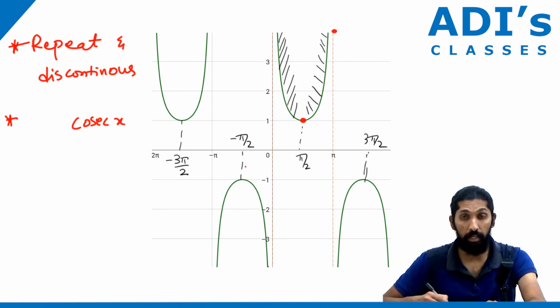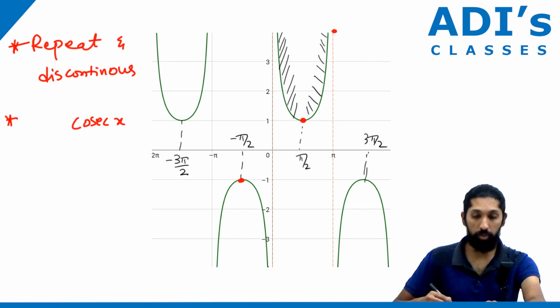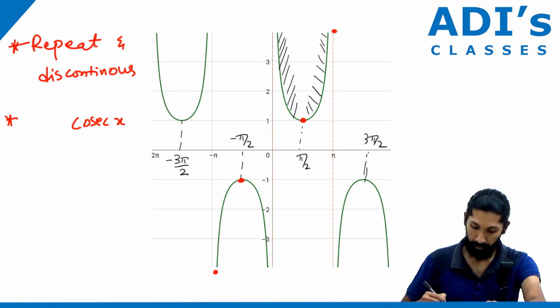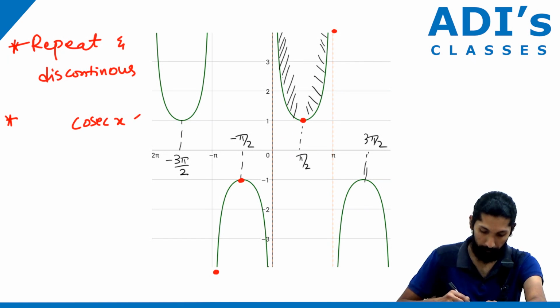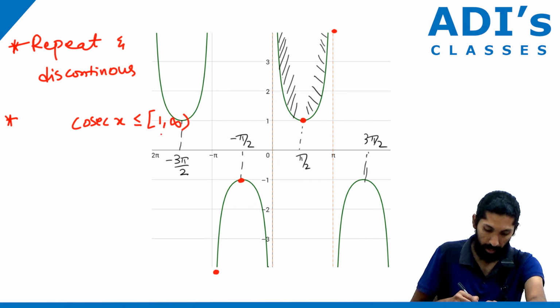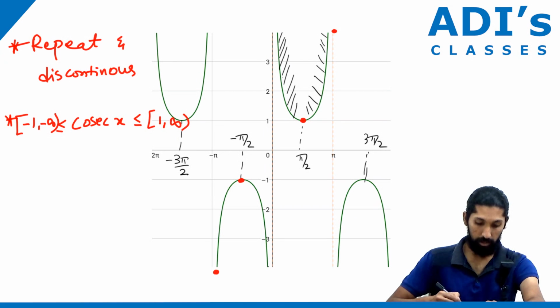And in the negative scale, the maximum value is -1, and it goes all the way down to minus infinity. So cosecant x is lesser than -1 to minus infinity, and greater than 1 to infinity. Okay, now this is the range.